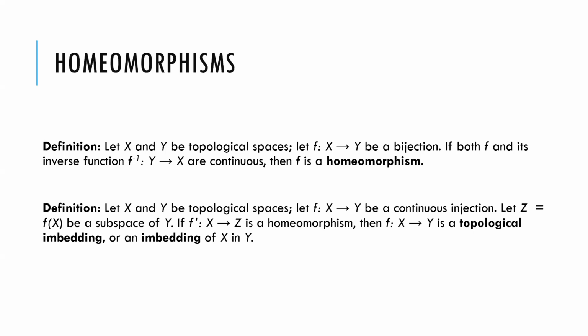And moreover, if you want to see what kind of property it will preserve, I think last week Zikang just mentioned Hausdorff space, right? Suppose we have two topological spaces, and you have a homeomorphism from one to another.